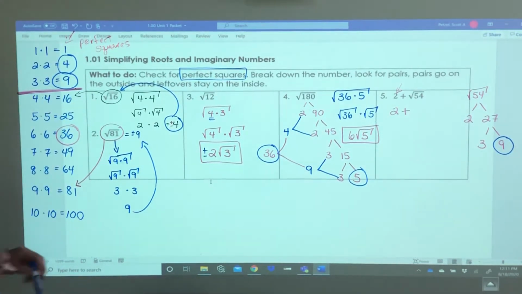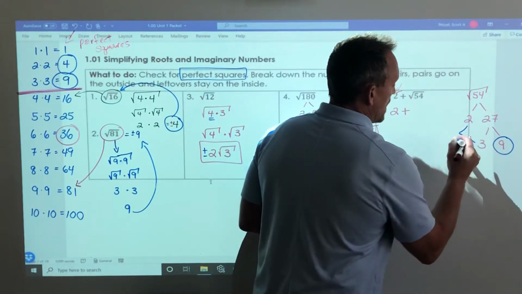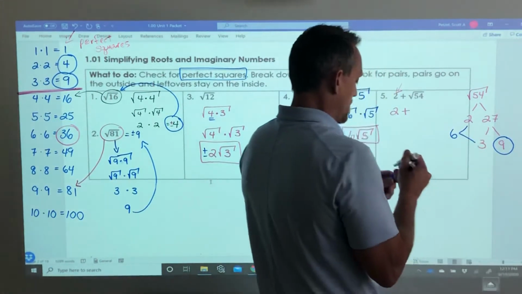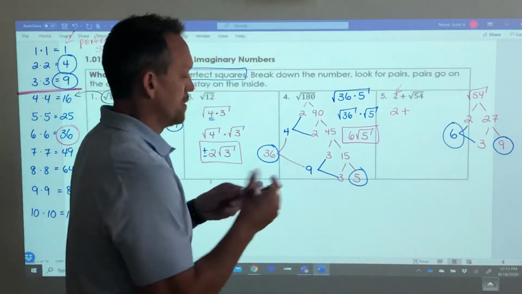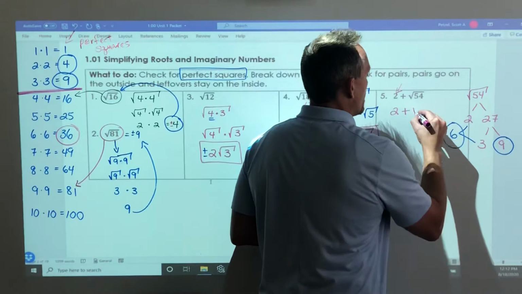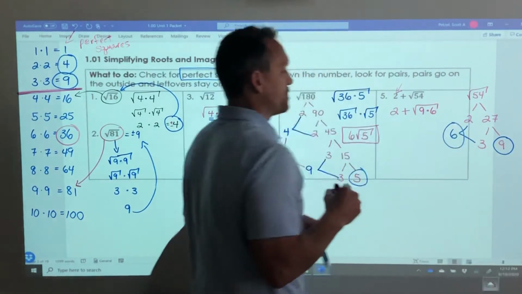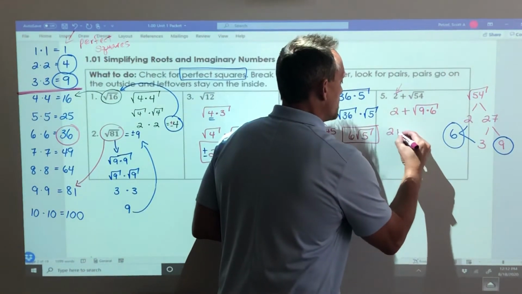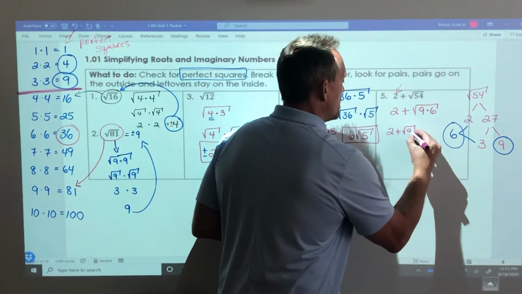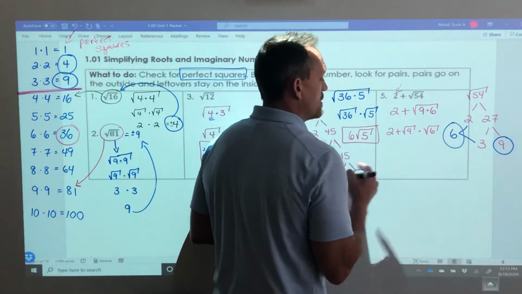Knowing those perfect squares is important. 3 times 2 is 6. So now we have these 2 numbers. This can be rewritten as 9 times 6, which can then be separated. 9 times square root of 6.